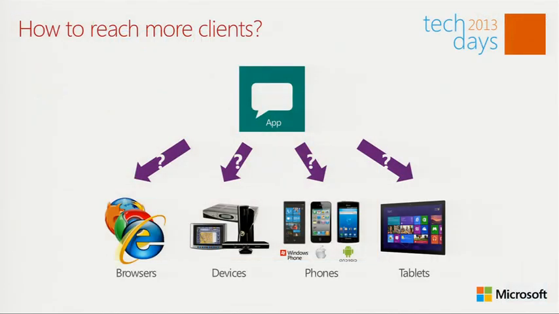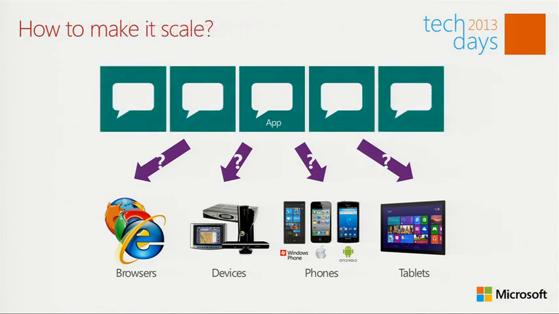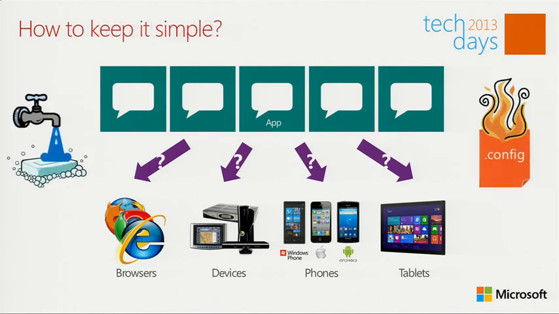The background for WebAPI is we thought about this problem of, say you're creating an application. How do you reach the different clients that are out there, from browsers to mobile devices and tablets? And once you've done that, how do you make that service scale without having to do a lot of configuration or deal with SOAP?